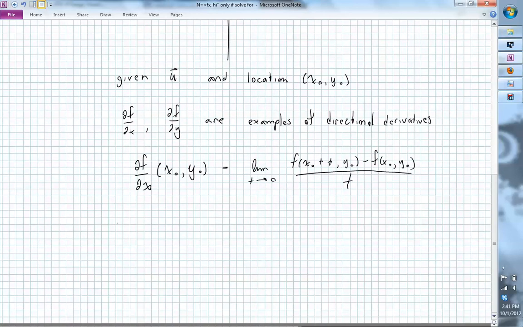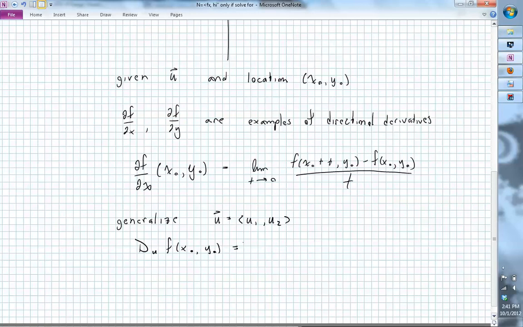Let's generalize this. And now you really have to hold on to your hats. Let's generalize this. I'm going to call this capital D sub u. Let me define u here for you. u1, u2 of f at x naught, y naught. So there's a lot going on here. I'm taking the derivative of f at x naught, y naught in the direction u.